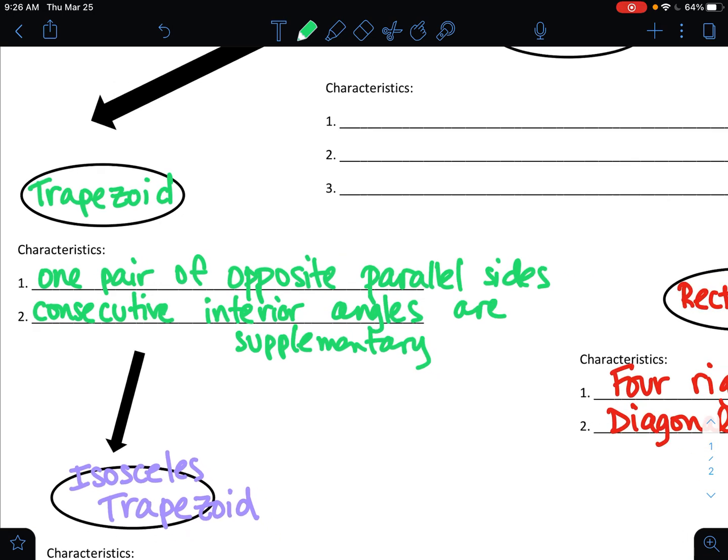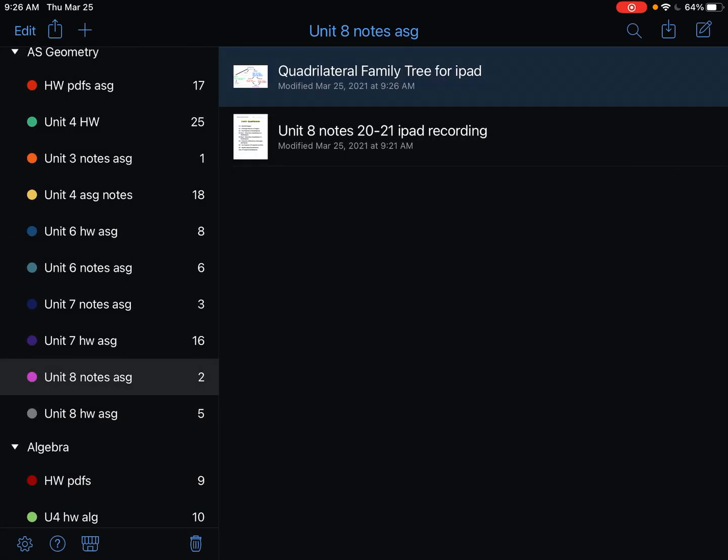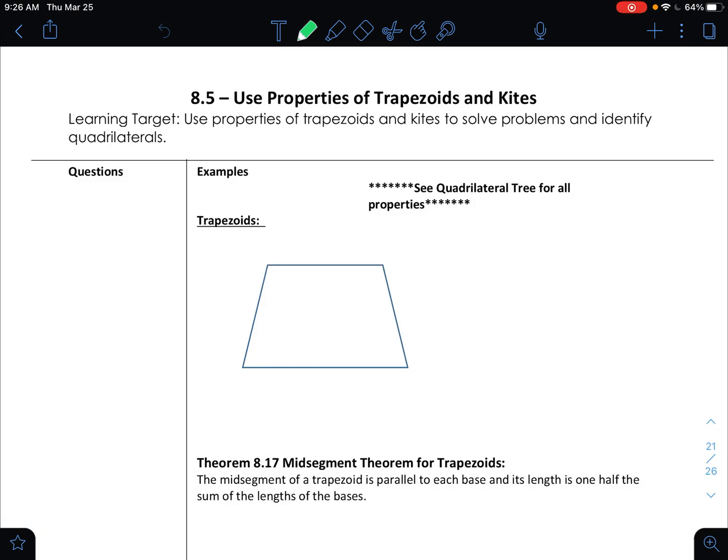I guess you could just say the consecutive angles are supplementary, but I'll talk more about that in a minute. So I actually want to go back and forth between this paper and our notes packet because I want to elaborate and give you a visual of what that looks like. Okay, so we've got one pair of opposite sides are parallel, and then consecutive interior angles are supplementary. So I'm going to switch over to the notes packet.